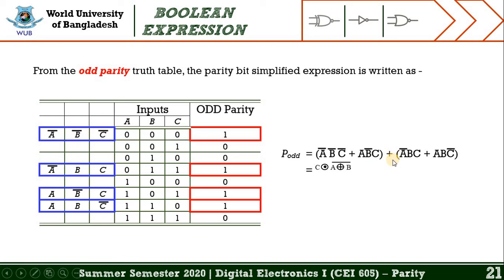The first parenthesis is completed, after that or, and the second parenthesis starts: not a and b and c, or a and b and not c. If we simplify this expression, we find the second line of the expression. So let's move into the next slide.